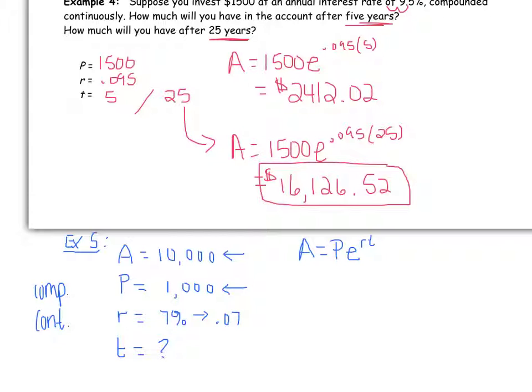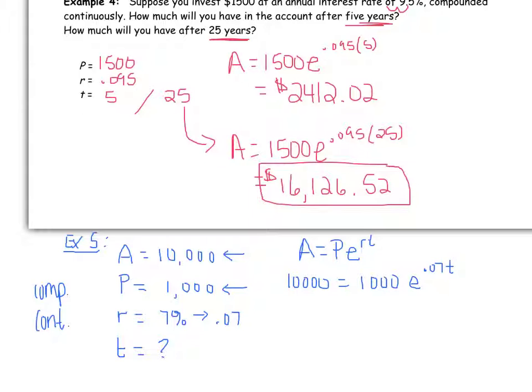Okay, but here's what's a little different in this problem. If we plug in these numbers, we have $10,000. We invested $1,000. We have e, the r is 0.07 because it was 7%. And then we have t, which we don't know, so we're going to put a t there.